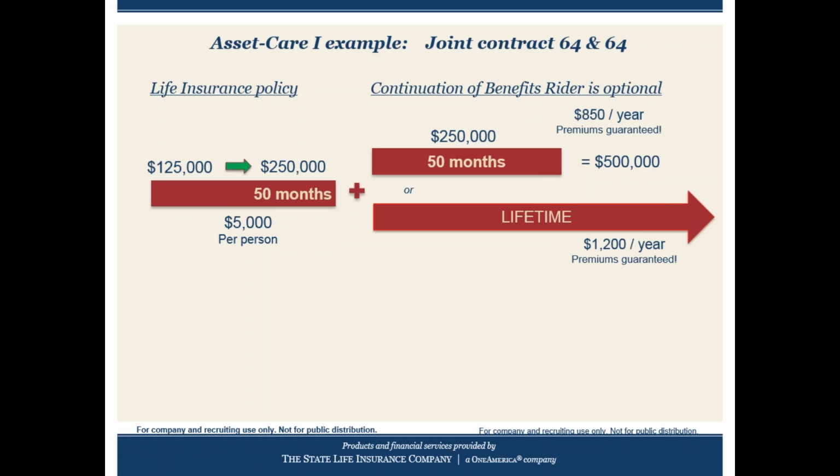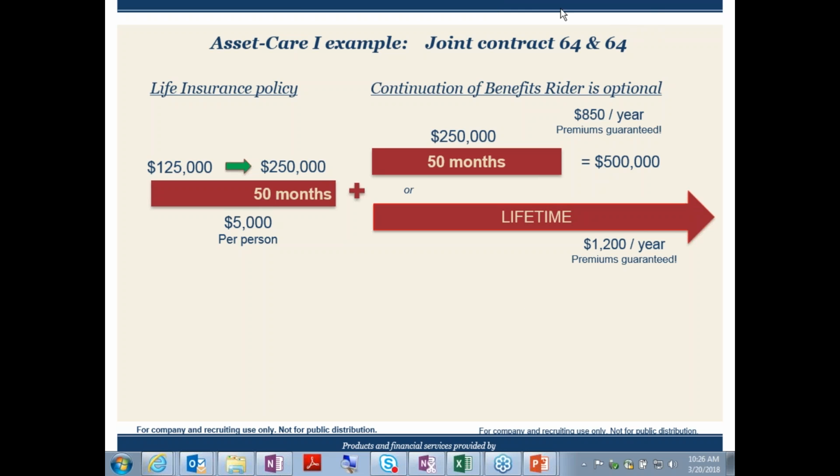That's for the both of them combined. So you put in a single premium of $125,000, and to get the lifetime benefit rider, it is ridiculously inexpensive. You could also get the other benefit over here, the $250,000, your choice. It's a little less expensive, but there's such a small price difference between the limited option and the lifetime benefit. Most people just tend to go with the lifetime benefit.